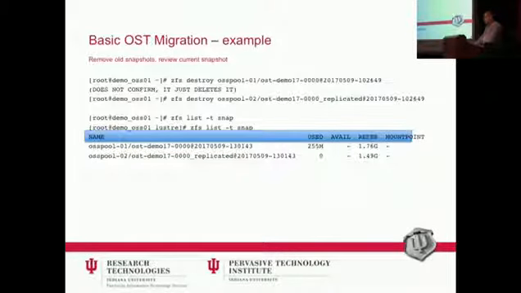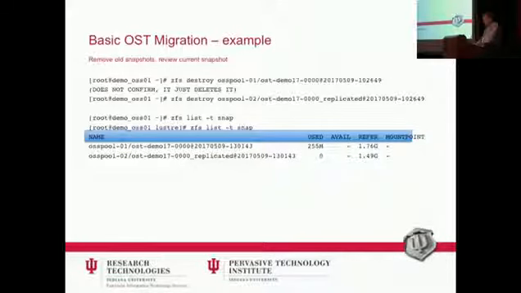And then cleaning up your old snapshots is important, as I mentioned. If there were active changes, those snapshots are holding those copy on write changes, and you'll want to clean that up as you go so that you don't run out of space on either the source or destination Z pools.